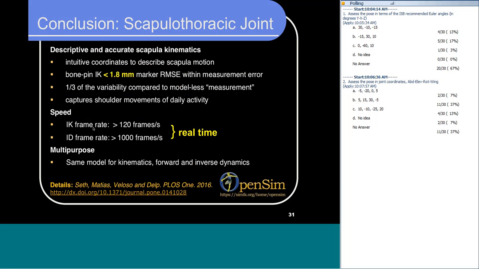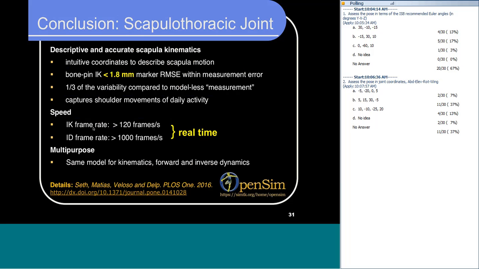So in summary, and to close this shoulder model presentation, we have developed a biomechanical model that captures the scapulothoracic kinematics and dynamics. As shown by AJ with some of our results, our model reproduced the kinematics of the scapula from surface markers to within the accuracy of bone pin measurements.